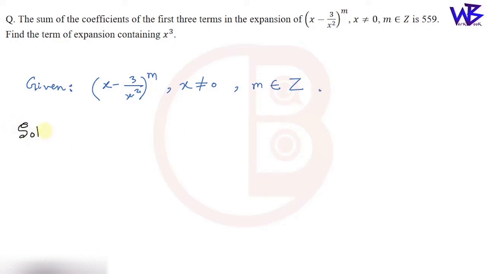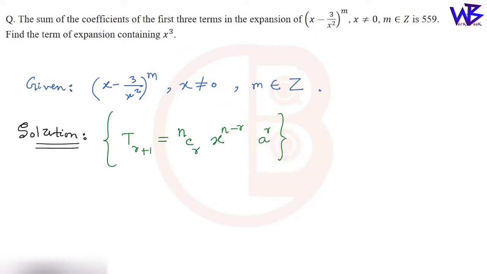For the solution, we will take the help of the binomial theorem. As per the binomial theorem, the general term or the (r plus 1)th term for the expansion of (x plus a) whole raised to the power n is given by nCr x to the power n minus r a to the power r.